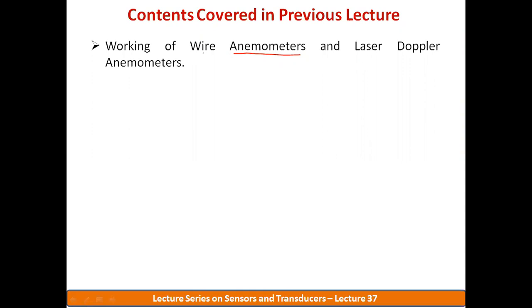The wire anemometer works on the principle of variable resistance. When the temperature varies, the resistance of a sensing element varies. That is the principle of operation of the wire anemometer. And the laser Doppler anemometer works on the principle of Doppler shift.